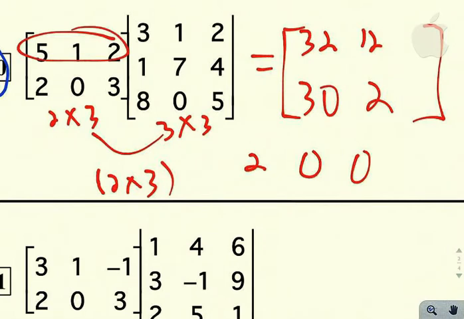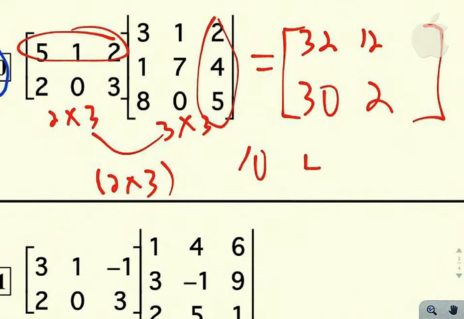Now the top row times the third column. Multiply the first numbers, you get 10, the second number is 4, and the third number is 10. You get 24.